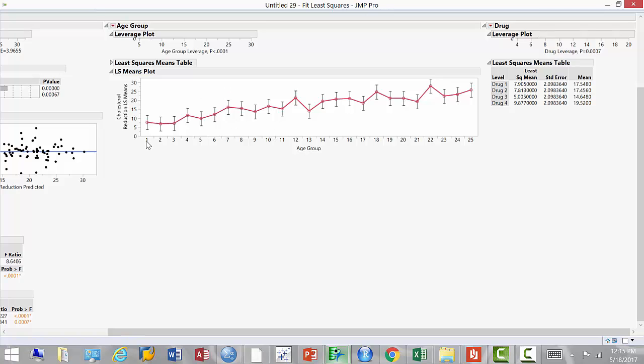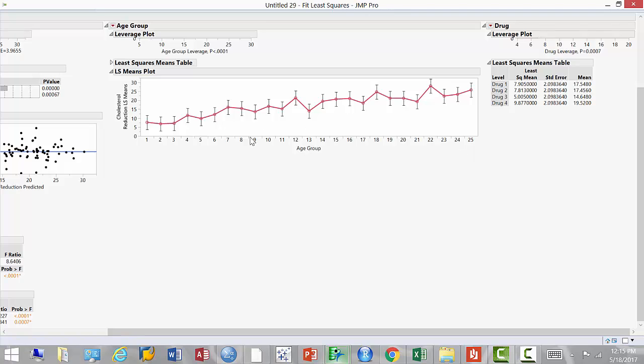So as my ages progress from 1 to 25, whatever that is, by the way, I don't even know. Age group number 1, what is that? No idea. It can be people under 150 pounds and between the ages of 20 and 25 years. It can be that. However the groups were created or combined, I have no idea what that means.